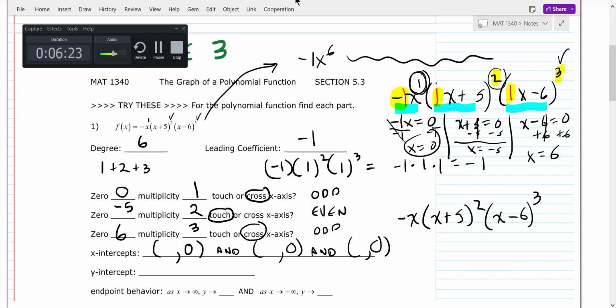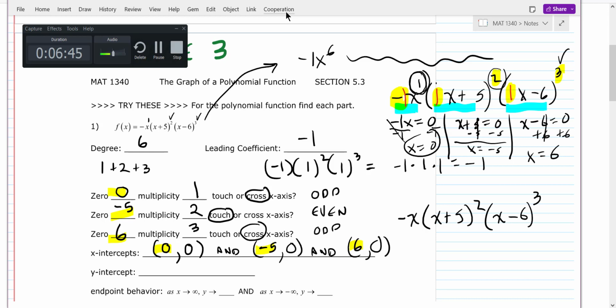That's what we mean by an x-intercept: it's on the x-axis, so the y value is 0. Now, you just take the answers to these zeros, which are 0, -5, and 6, and you fill in those x values like that. So you would have (0, 0), (-5, 0), and (6, 0). Those would be your x-intercepts.